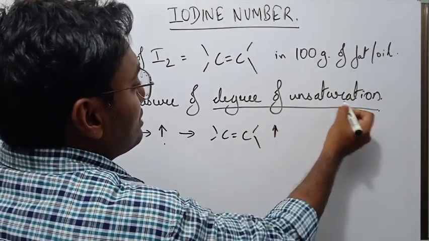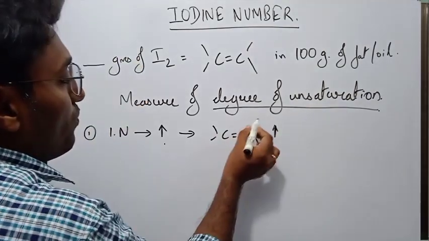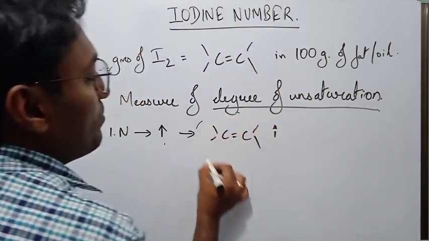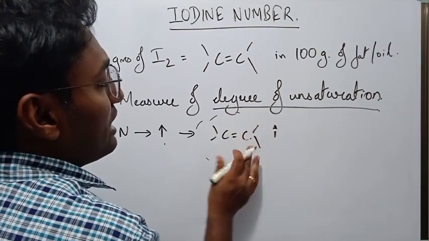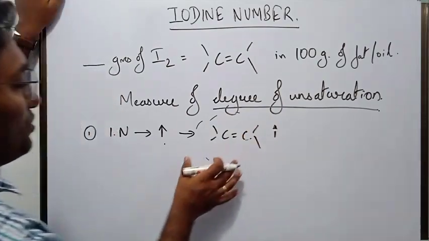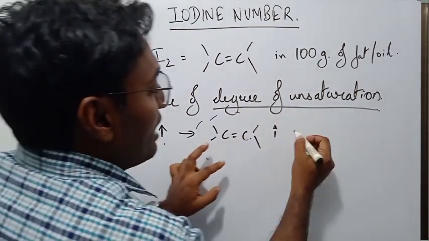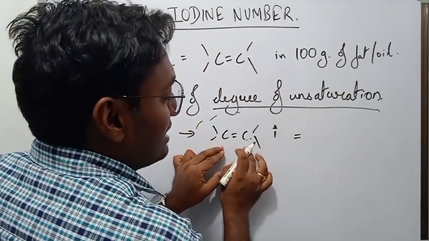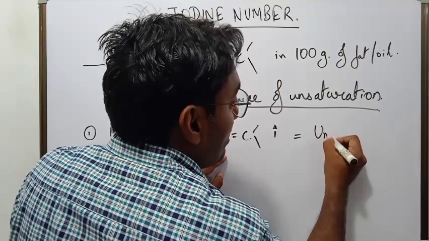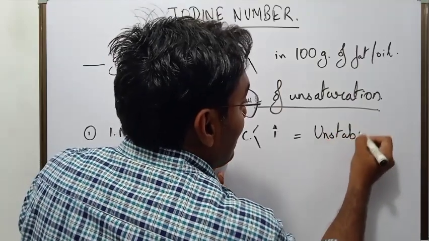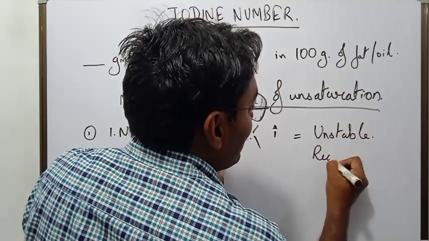It means that unsaturation is more. So what would happen if carbon-carbon double bond is more? Carbon-carbon double bond can react with anything. So that would make that fat or oil unstable. It would make it reactive.